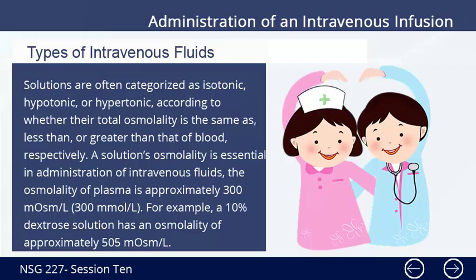The osmolality of plasma is approximately 300 mOsm/L, 300 mmol/L. For example, a 10% dextrose solution has an osmolality of approximately 505 mOsm/L.